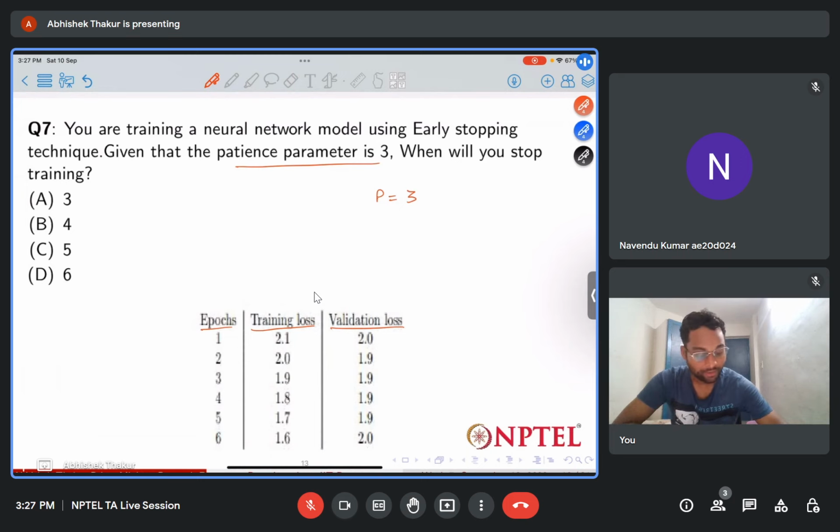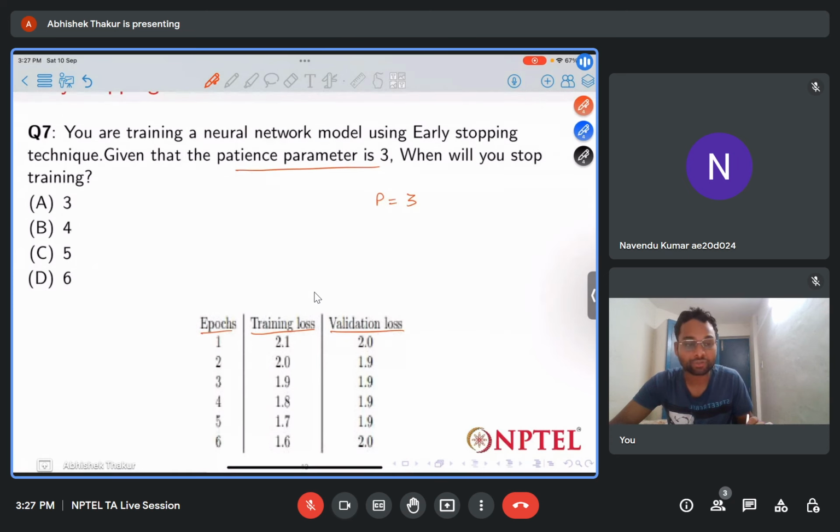As we all know, when our validation loss, that is validation error, is either constant or increasing in the last p epochs, where p is the patience parameter, then we will stop the training.